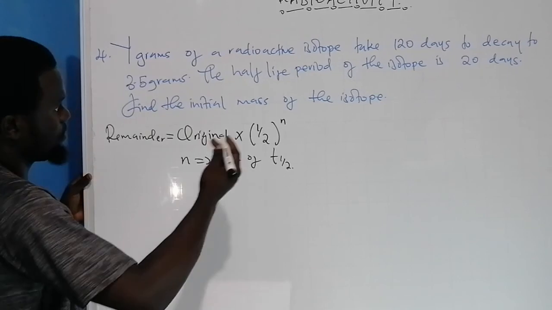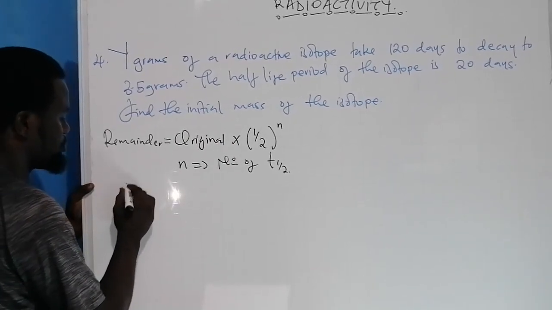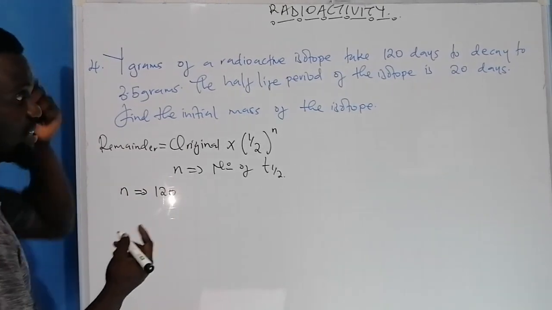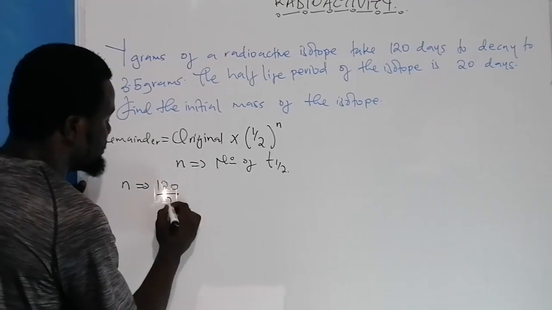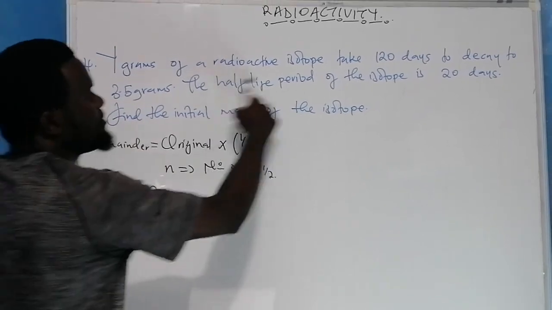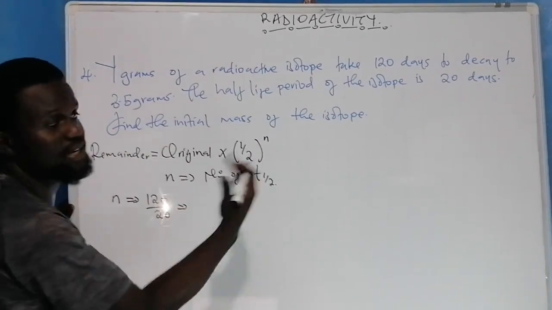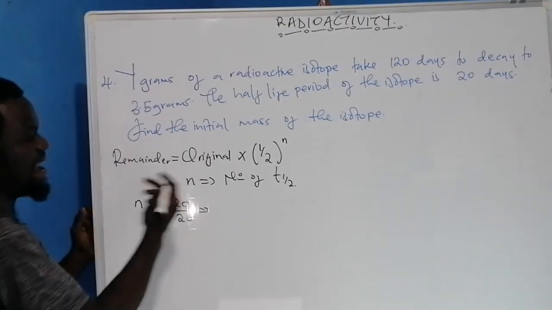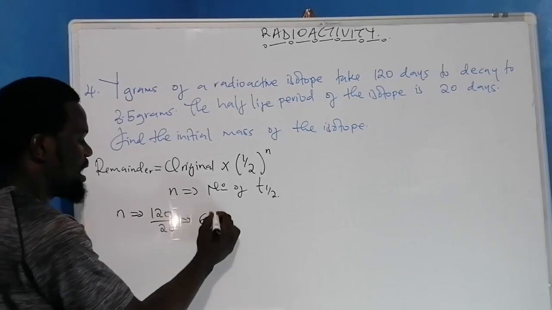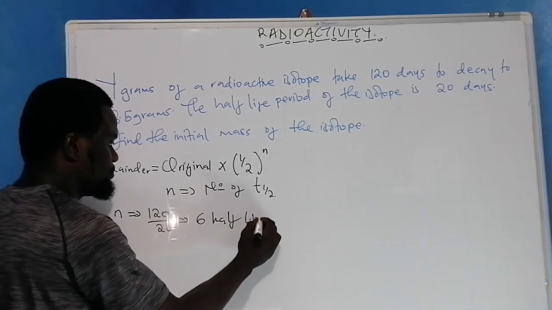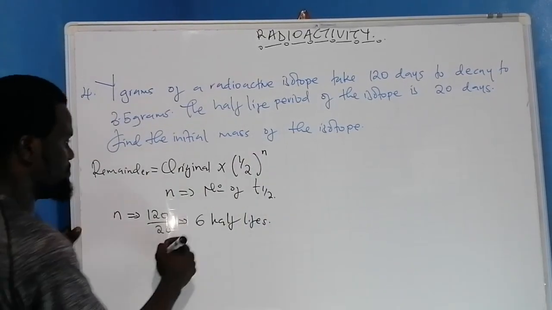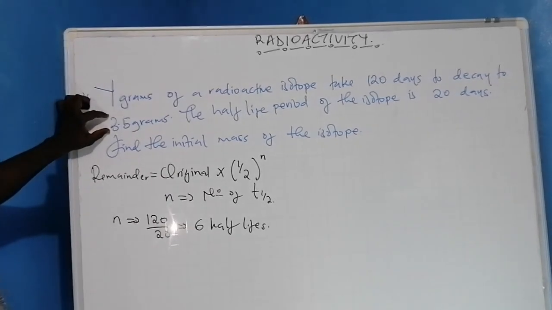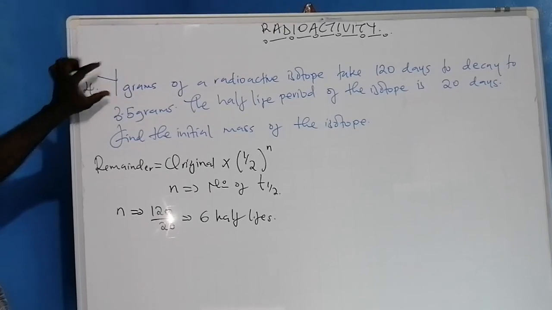So we have the number of days. For us to get n, we take the total number of days divided by 20, which we were told is the half-life period. One half-life takes 20 days, and the total number of days is 120. So the number of half-lives will be 6. If we have the value of n, and the remainder is 3.5, we can get the value of y.